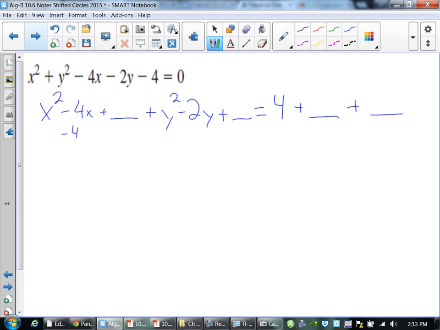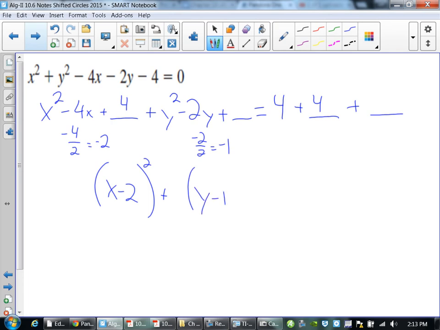So half of negative 4 is negative 2. That drops in the parentheses. Squared, what am I adding to both sides? There's a plus sign between them. Half of negative 2 is negative 1. Drops in parentheses.